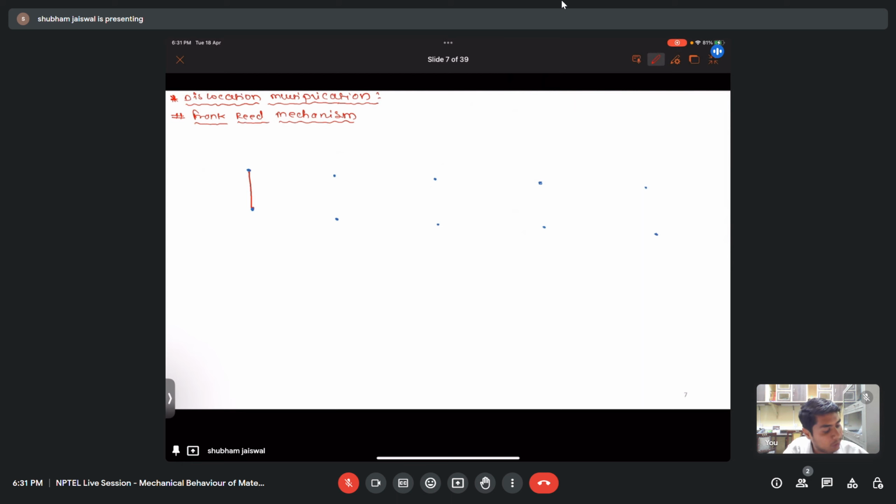Let's say the dislocation is pinned in between these two blue points, and I am applying some shear stress. So what will happen? This shear stress will cause the dislocation to bow, and it will try to increase its length. This results in the bowing of the dislocation. On further application, it will take a shape something like this, meaning it is increasing its length.